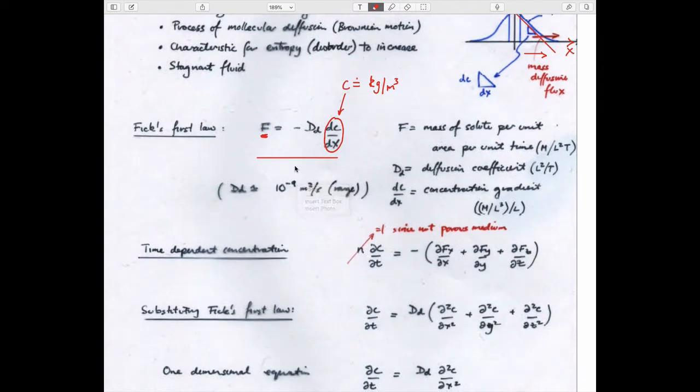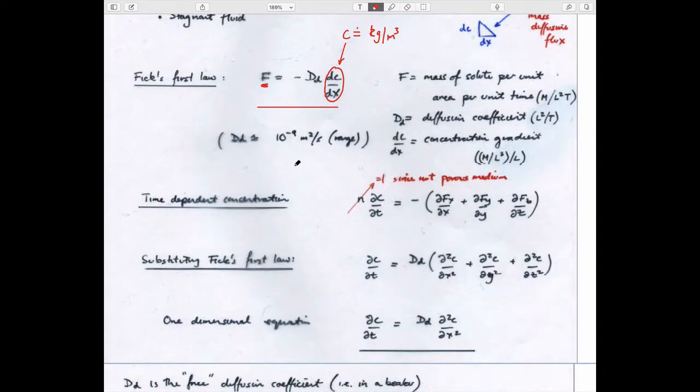And so what we typically do is we want to be able to look at diffusion. It's not very interesting if you look at it just at a point, but we want to be able to say how it contributes to this behavior in a flow field. And so what we do is we use a conservation equation.